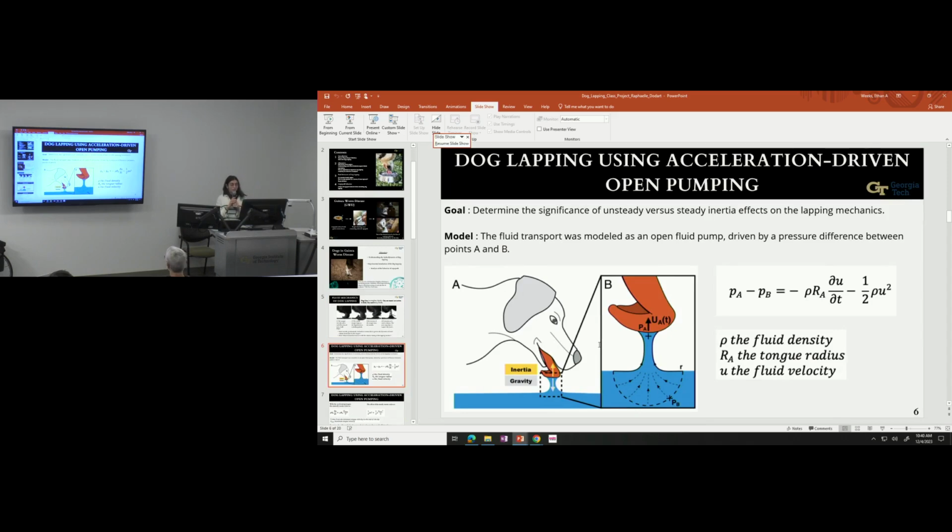So I mainly use one paper for my experiments, and the first important part was to determine the significance of unsteady versus steady inertia effects on the lapping mechanism.